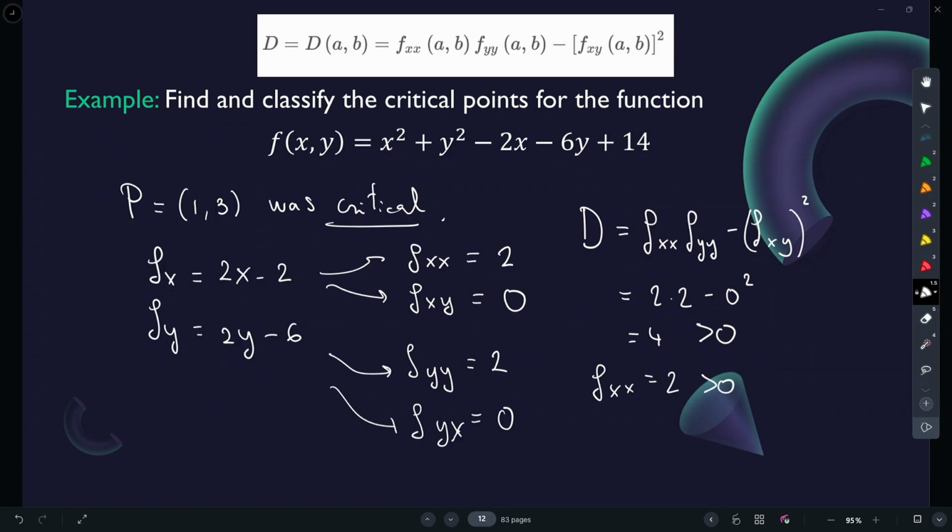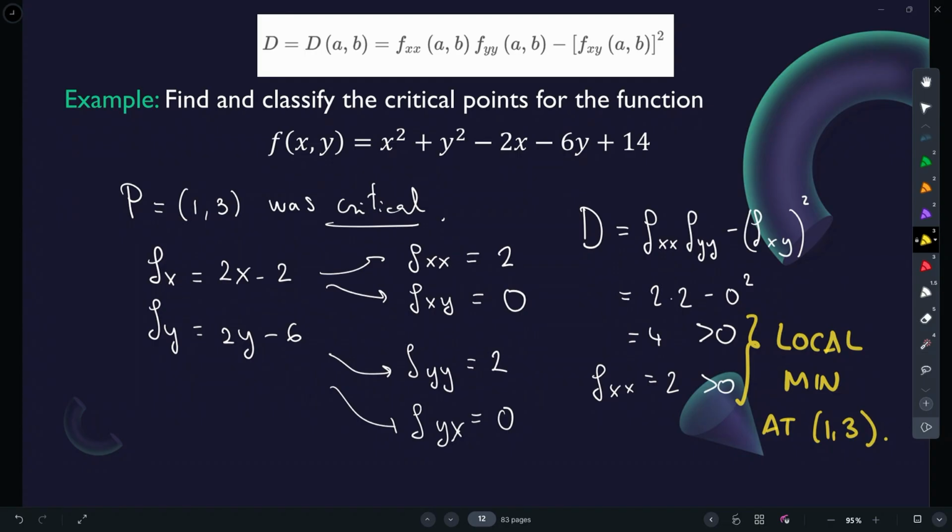So that means, first of all, that d being positive means that it's a local max or min. And the second derivative with respect to x being positive means that it has to be a local minimum. So these two things together say that there is a local minimum at (1, 3). We know that because we know it's a paraboloid that opens up, so it has to be a local min.